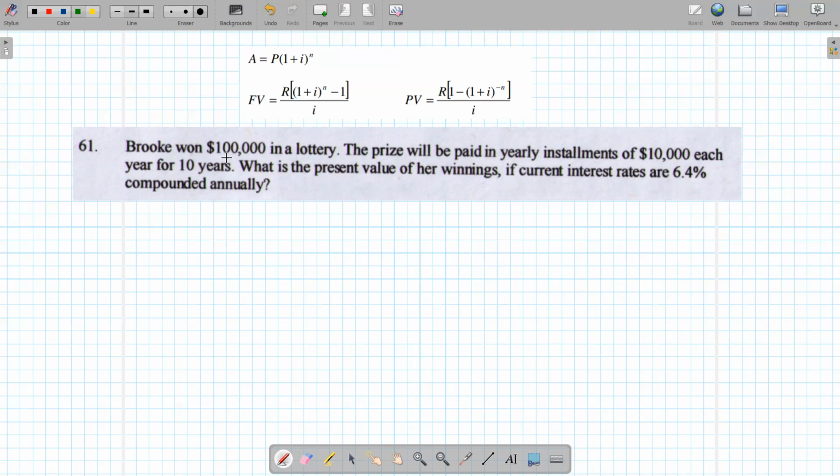So this person wins this in a lottery. The prize will be paid in yearly installments, each 10,000 for 10 years. What is the present value of our winnings if the current interest rates are this?